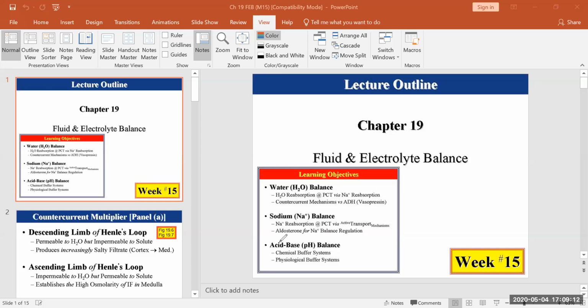And the last pillar is going over acid-base balance, how the body maintains the pH, specifically pH in our blood plasma. So those are the 3 learning objectives for the current recording session. With that said, let's get the ball rolling.